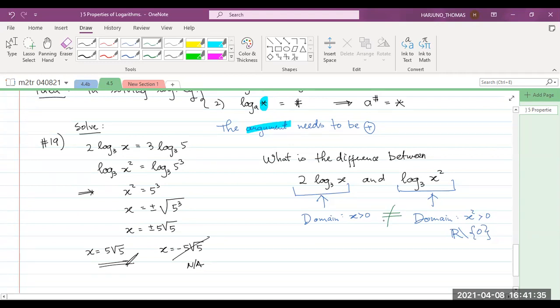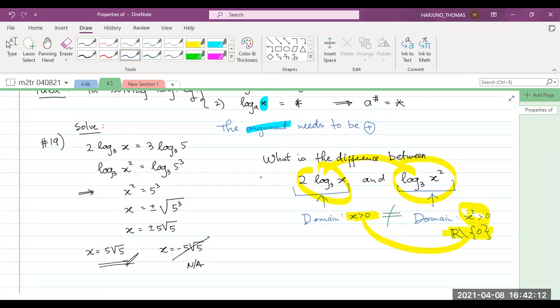So are you saying, Thomas, that when we try to solve an equation with 2 log base 3 of x, we cannot do it this way? That's not what I'm saying. In fact, that's what I did. I'm just saying that when you change from here to here, notice that your domain gets larger.